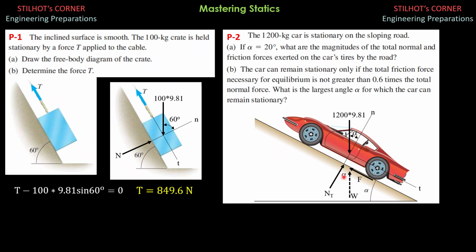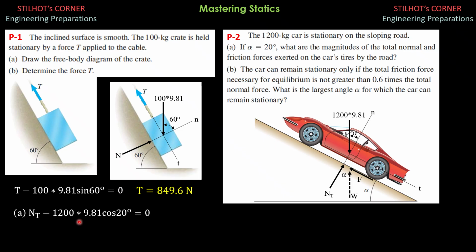That's why this must also be alpha, the angle of inclination, and it is the angle formed between the vertical and this total normal force. So back to determining the total normal force, summation of forces normal equals 0. So N_T minus 1,200 times 9.81 cosine of 20 degrees equals 0.